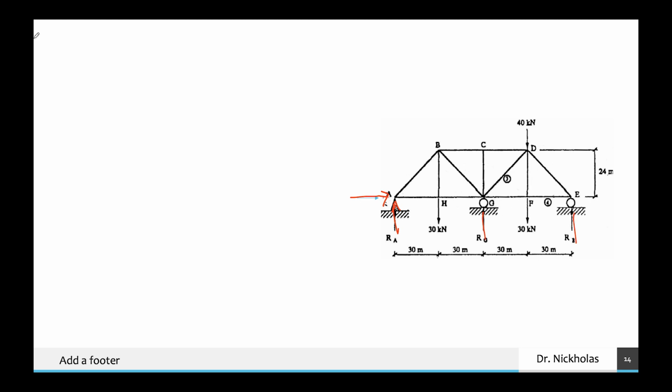So 4 greater than 3 means that the structure is externally indeterminate at 1 degree. That's important. So we have one external redundant force over here. So this is the applied unit force.